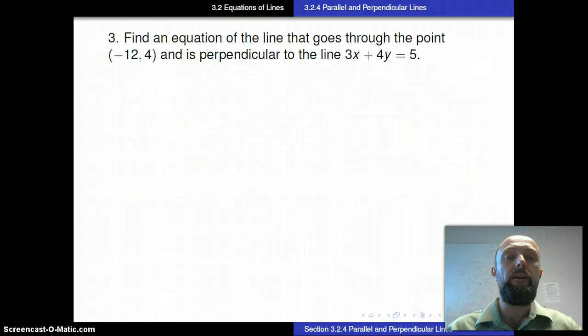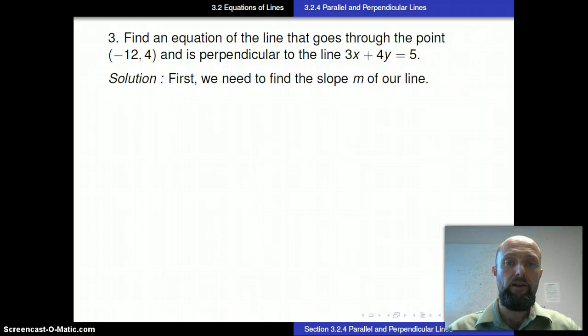Question 3. Find an equation of the line that goes through the point negative 12, 4 and is perpendicular to the line 3x plus 4y is 5. First, we need to find the slope of our line.